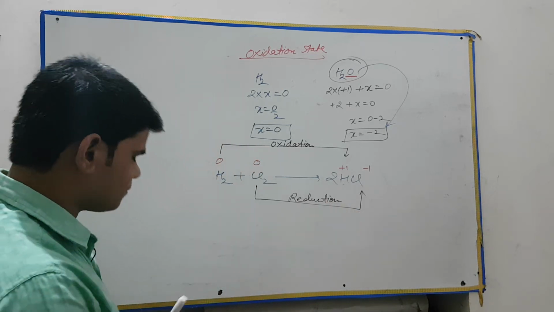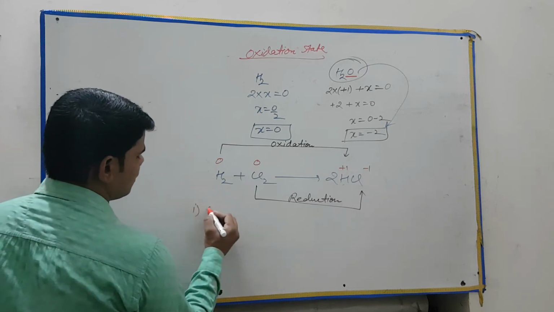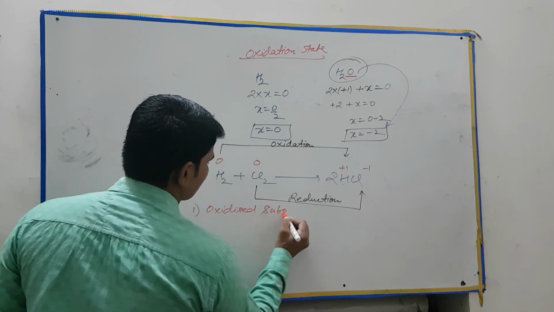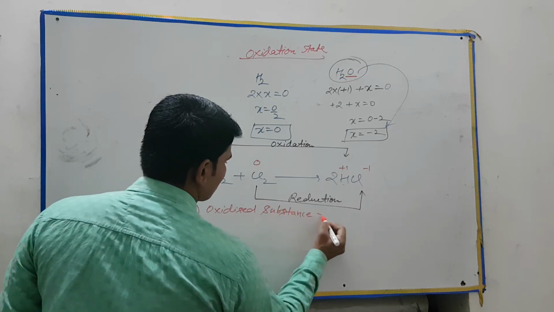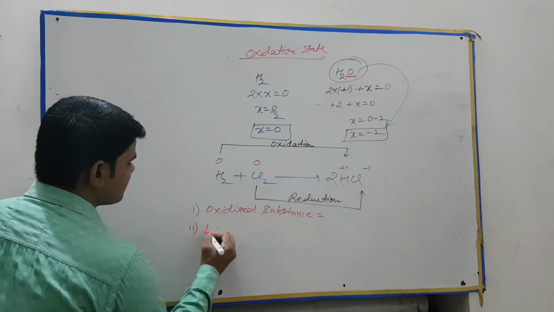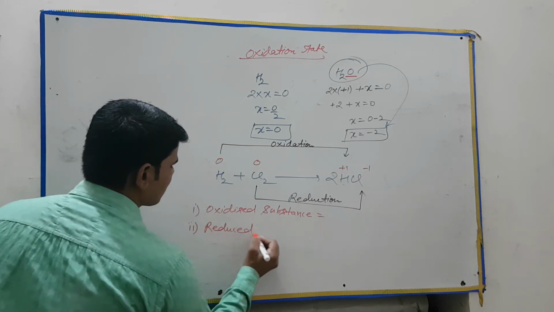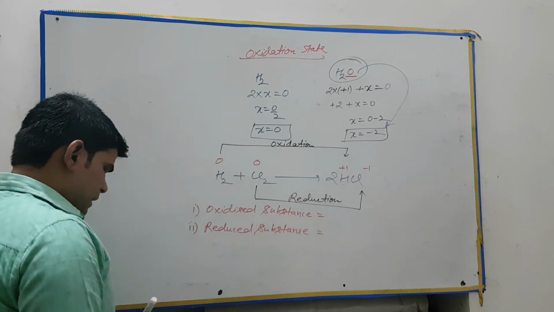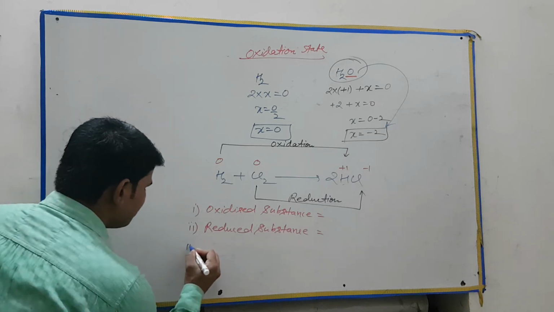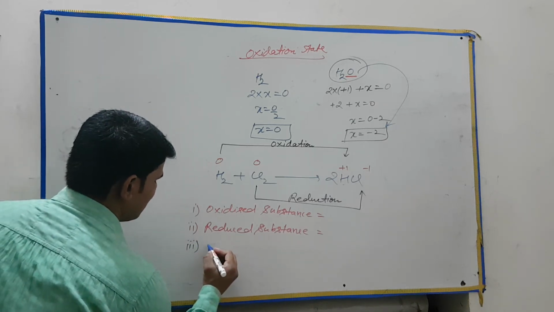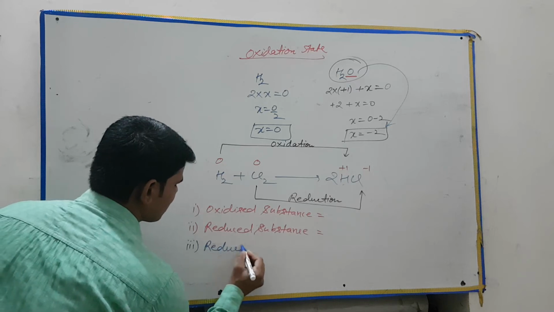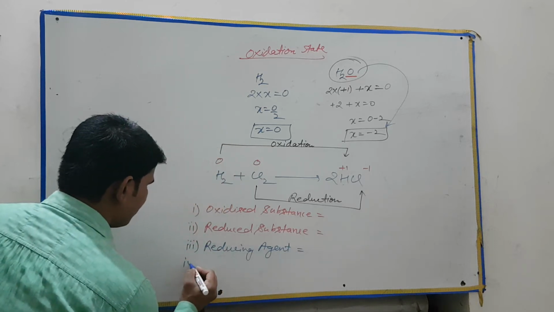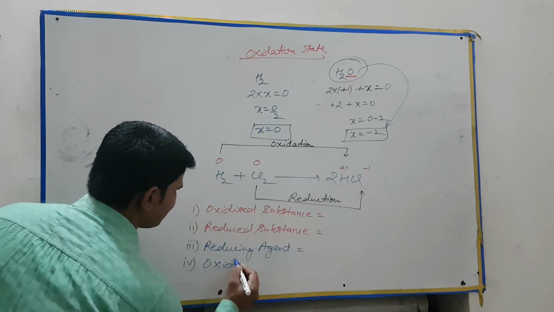So now the first point is the oxidized substance, the second is the reduced substance, and two more points are the reducing agent and the oxidizing agent.